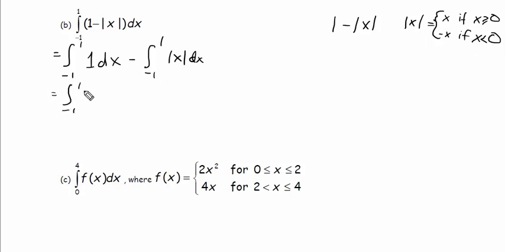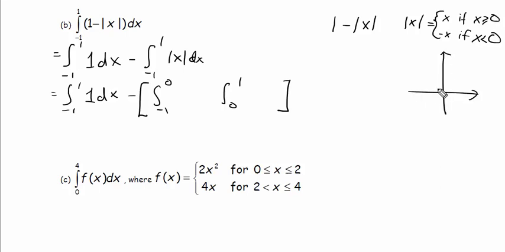So what I can actually do is split this up into the integral from -1 to 0 and from 0 to 1, because 0 is the point where there is a corner in the function.